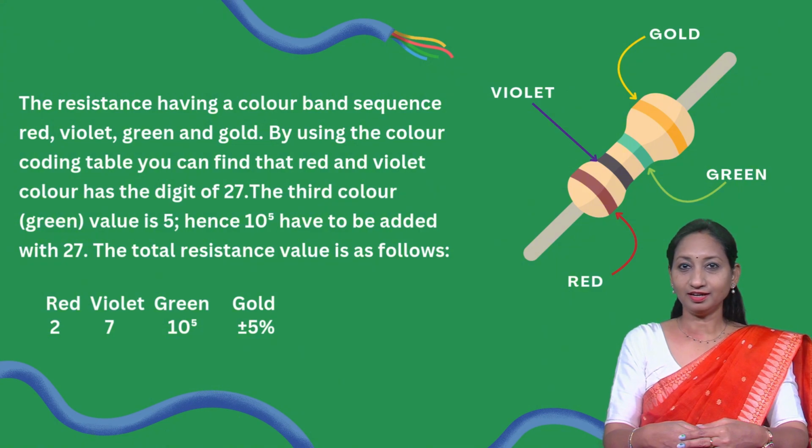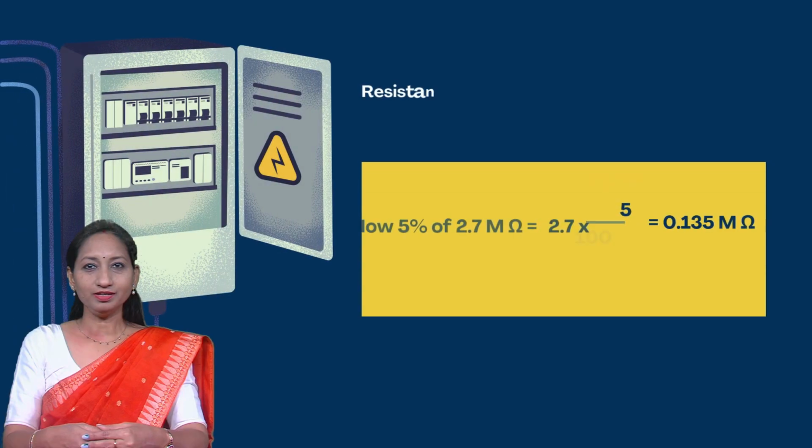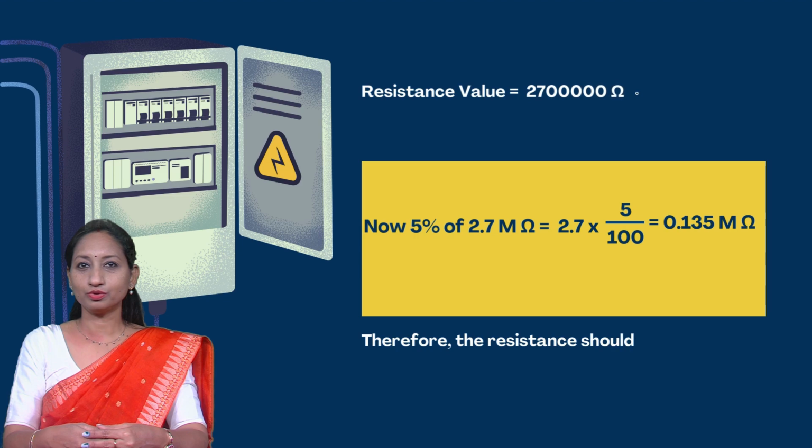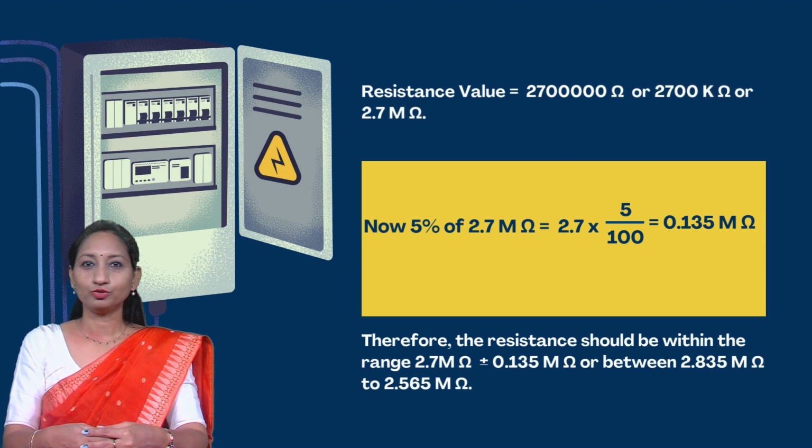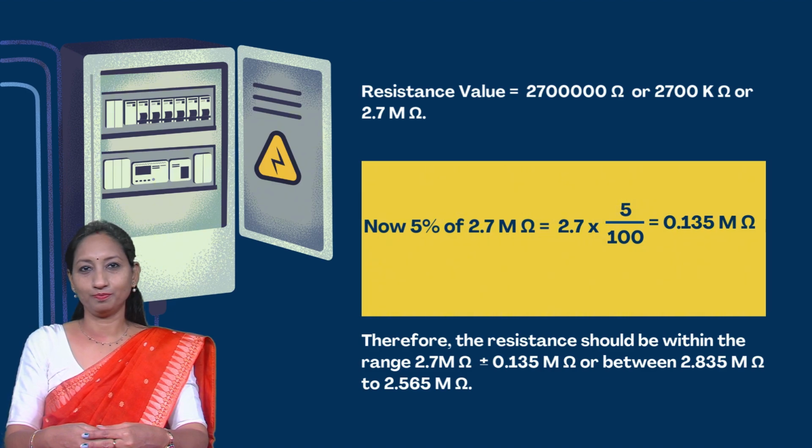The third color, that is green, has value 5. Hence 10 to the power 5 has to be applied with 27. The total resistance value is now 2700000 ohm, or it can be represented as 2700 kilo ohm or 2.7 mega ohm.